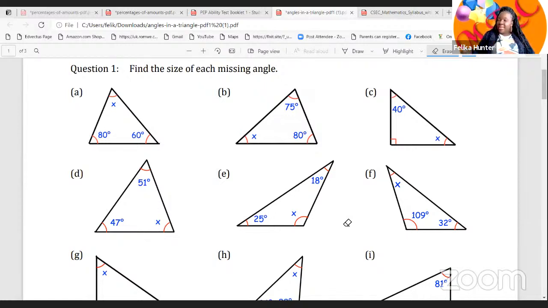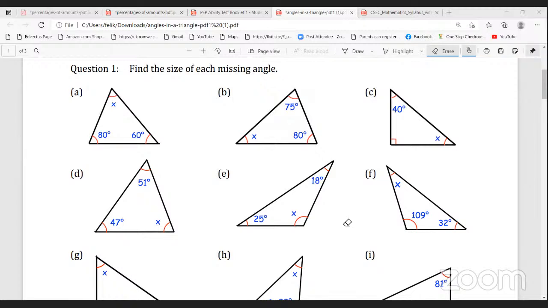So let's go again, Marlon. Tell us what you remember. Right angle triangle.